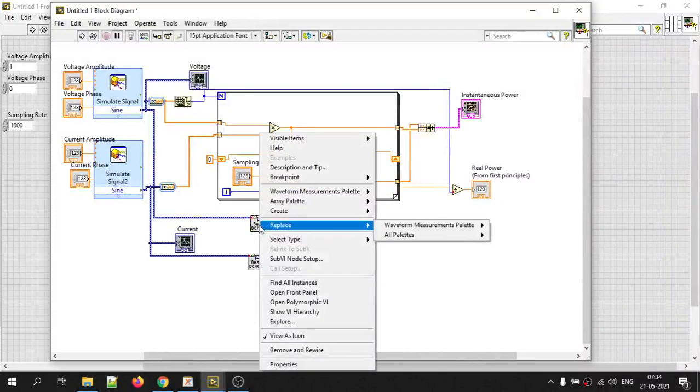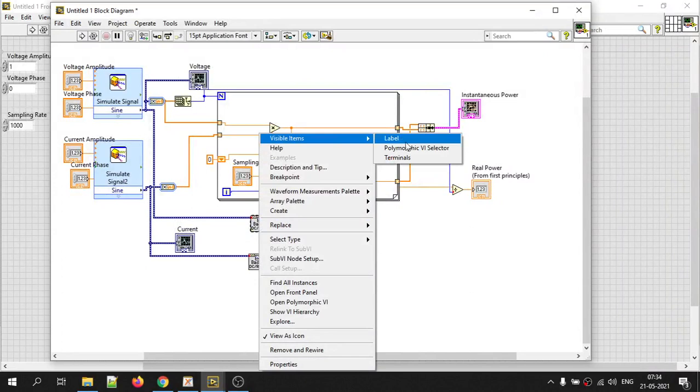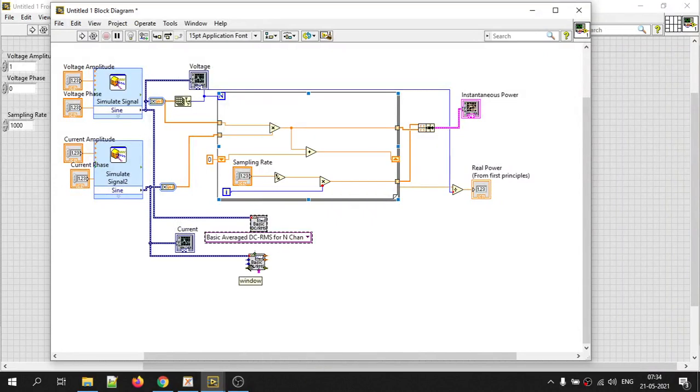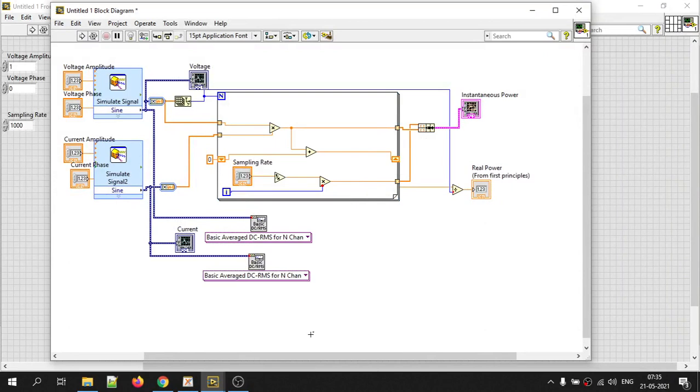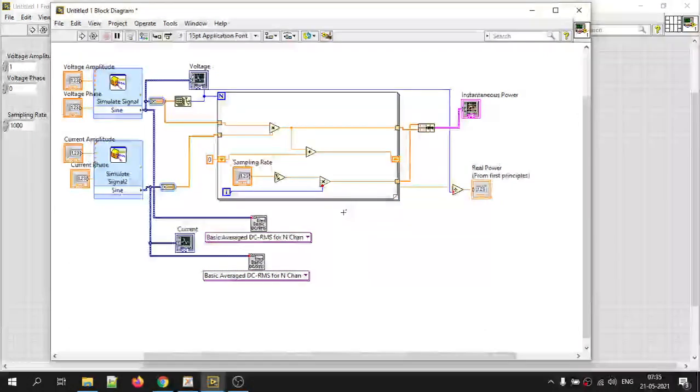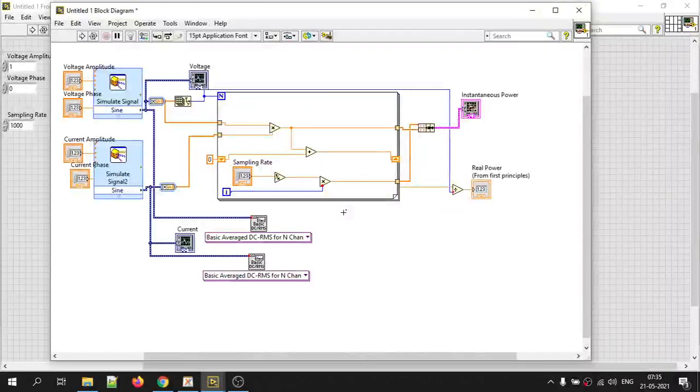And after selecting, placing and connecting the signal, just right click it, in visible items choose polymorphic VI selector. Okay, by default most of the LabVIEW blocks are polymorphic. Based on the input data, it will automatically choose the corresponding block. Okay, by default if you use Basic DC RMS, the output will be N channel, in the sense it is valid for several channels in a single dynamic data.